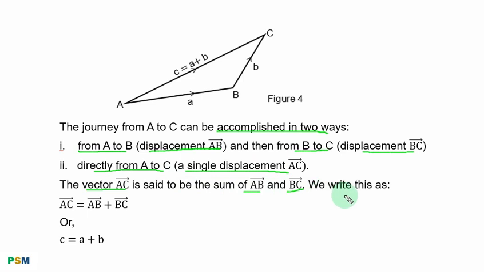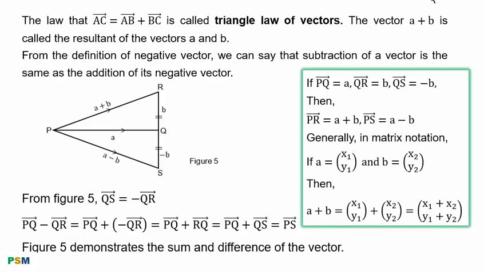We write this as vector AC equal to vector AB plus vector BC, or simply put, C is equal to A plus B. The law that vector AC is equal to vector AB plus vector BC is called the triangle law of vectors.